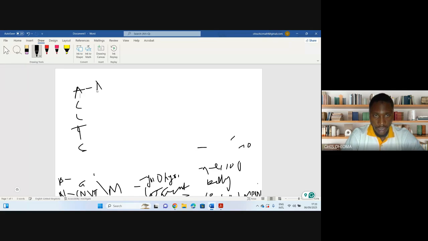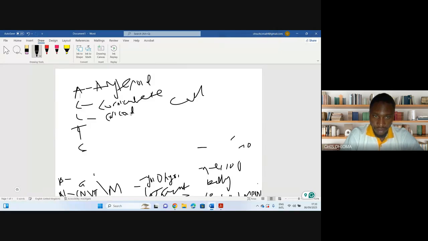So the arytenoid is called Irie, call, so I call this call, and this is the corniculate. And then I say this is called the cricoid, so I call it Chris, like cricoid cartilage.